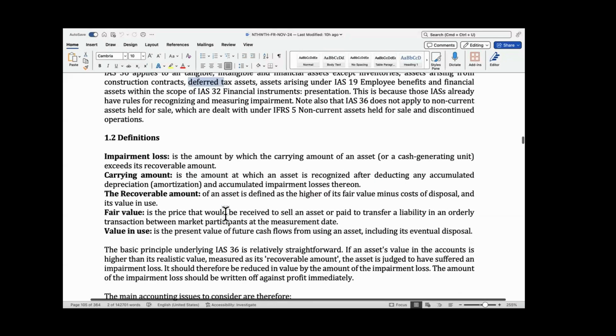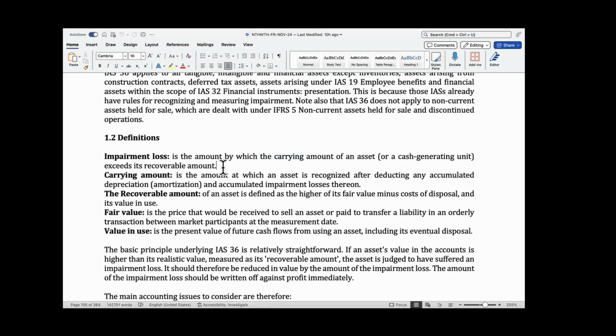So before we look at more details, let's look at some definitions that will be relevant to us as we move along. The first one here is an impairment loss. An impairment loss is the amount by which the carrying amount of an asset or a cash generating unit, I will tell you what that is very soon, exceeds its recoverable amount.